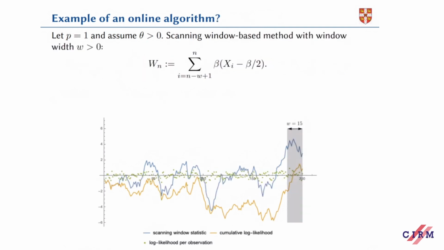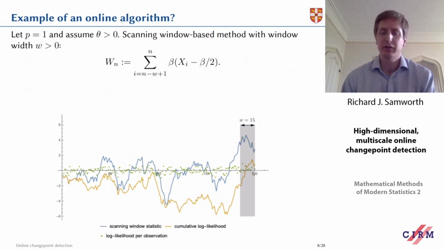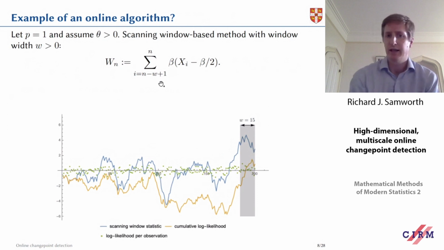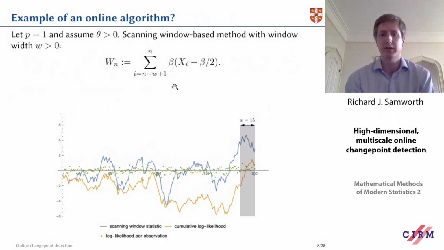Okay. Another algorithm which seems superficially rather similar is to look at scanning windows. I mentioned previously that there's been quite a lot of work on scanning windows. So let's say we've got a scanning window with width W. Then the statistic we're going to look at is rather similar. We're going to look at the difference between the cumulative log likelihood at the current time and where it was W observations previously.